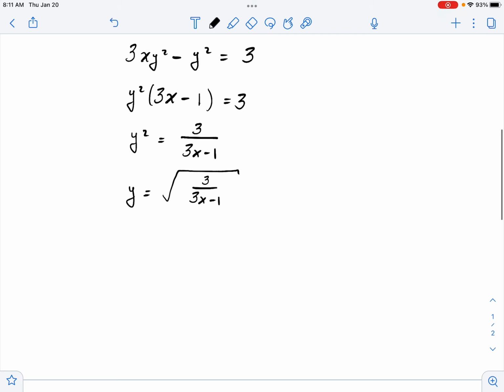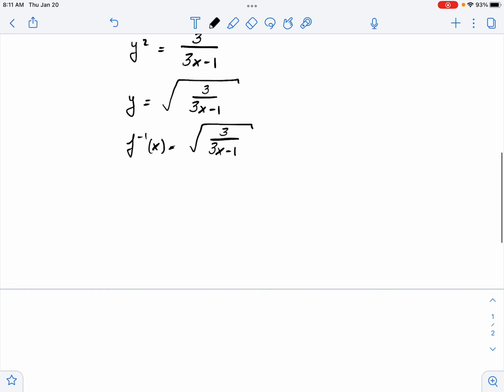So this is f inverse. This is my inverse function, the square root of 3 over (3x minus 1). I'm now going to find the composite of f and f inverse.